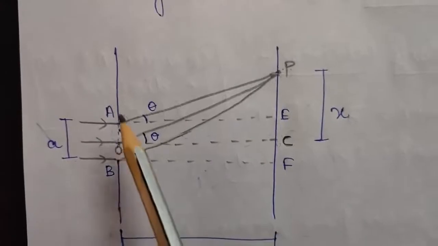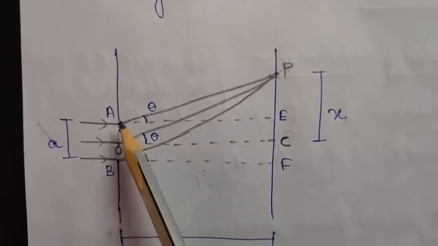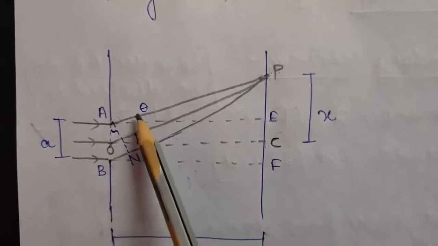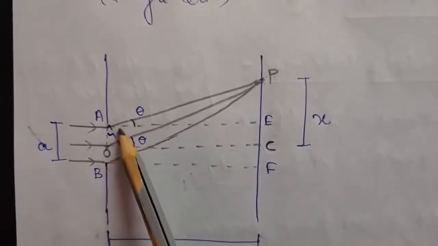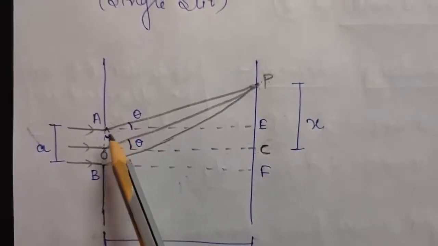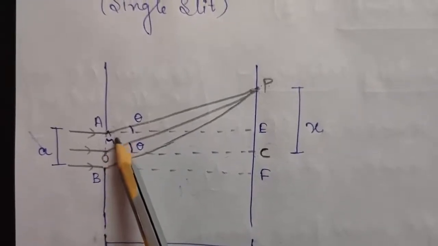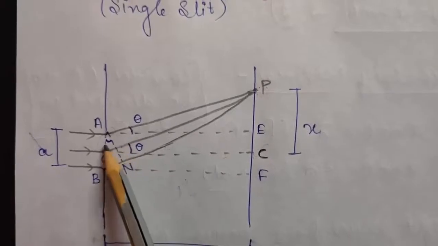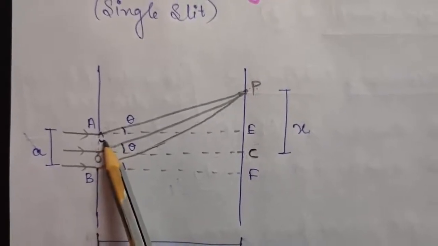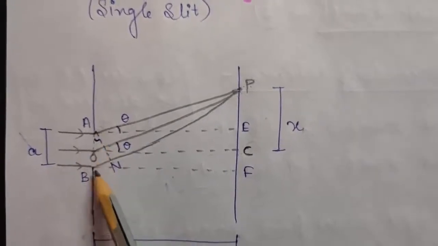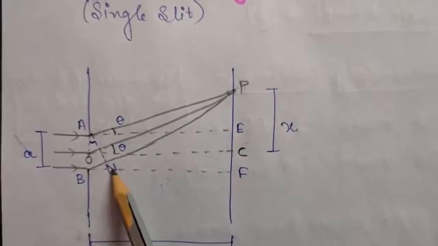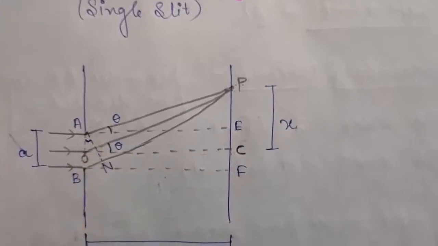Now consider triangle ABN, and in this triangle calculate sine theta. This is theta and this is 90 degrees, so this angle will be 90 minus theta, and this whole angle is also 90 degrees, so this angle will also be theta. Sine theta in triangle ABN is perpendicular BN upon hypotenuse AB.